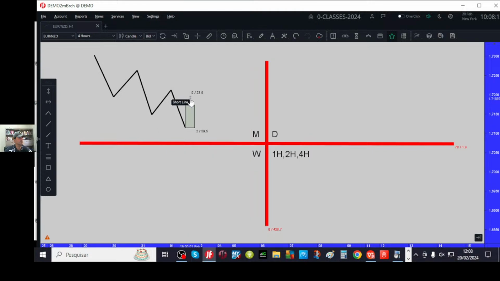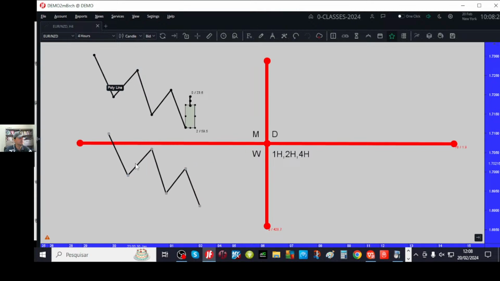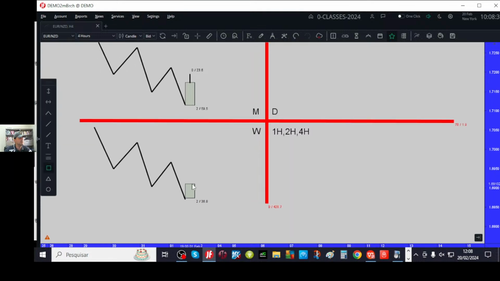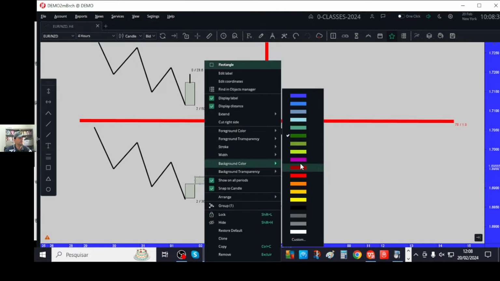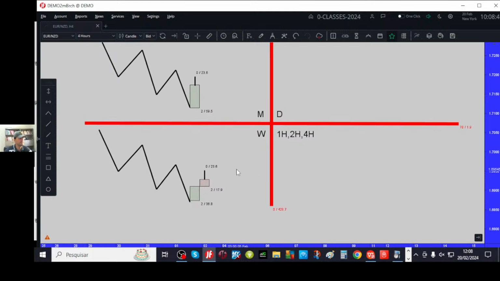On the weekly chart, everybody, you have something similar, but you have two candles, right? You have a bullish candle in here like this, and then you have a bearish candle. It's going to be like this with the tail above, right? Something like this.